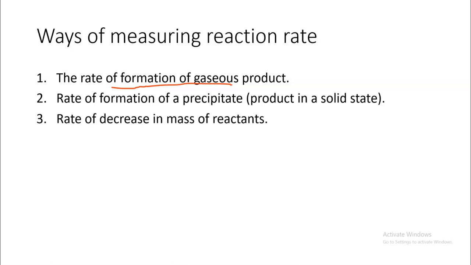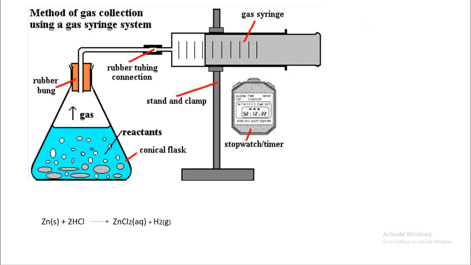Same thing if you measure the rate of formation of a precipitate, which will be a solid, or also remember reactants always decrease with time, so you can also measure the decrease in mass. So these are the 3 different ways, in case we were to ask you which 3 ways you can use to measure the reaction rate.